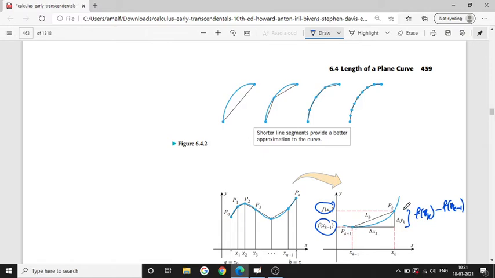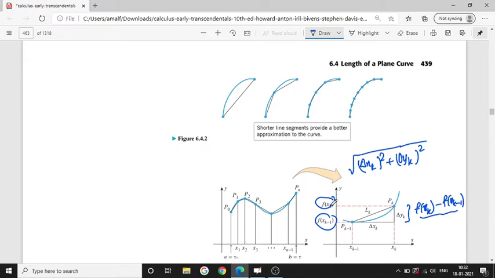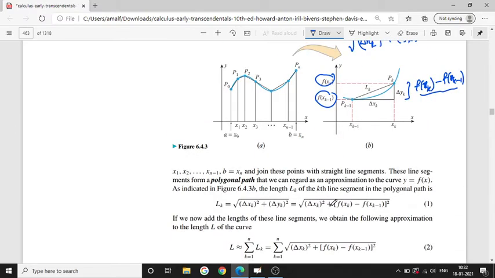So this lk will be approximately equal to root of delta xk square plus delta yk square, where delta yk is equal to this difference. Okay, so this is what we have got. Lk is equal to square root of this.